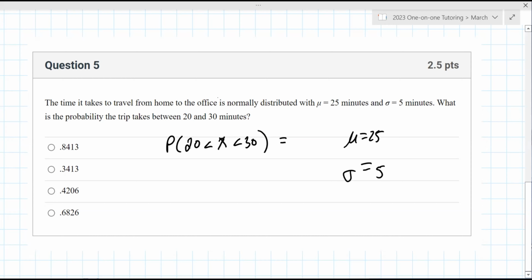Any idea how we did problems like this when they were normally distributed? Yeah, we took the lower and upper. This is a normal CDF problem. So the lower is 20, the upper is 30, the mean is 25, and the sigma is 5.